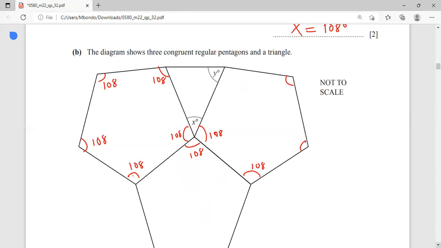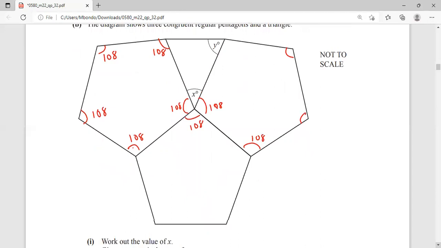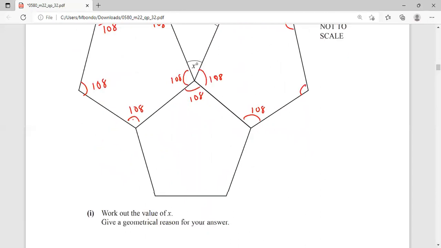Now here we are being asked to work out the value of x. That is very simple. If you look at where x is, these 4 angles, when we add them, they add up to 360, which is a complete turn. So how many 108s do we have?